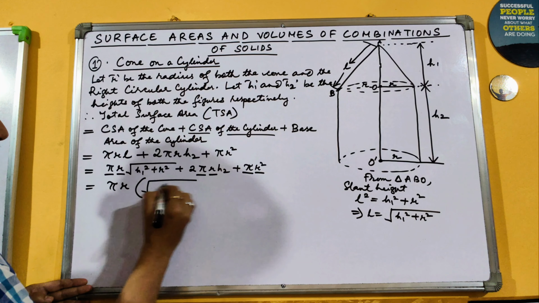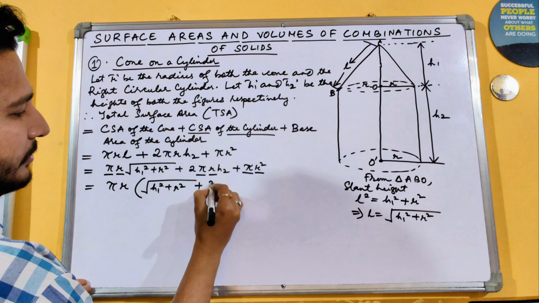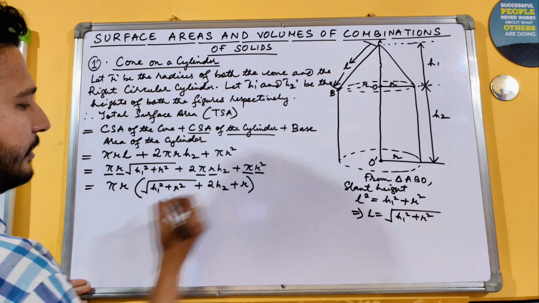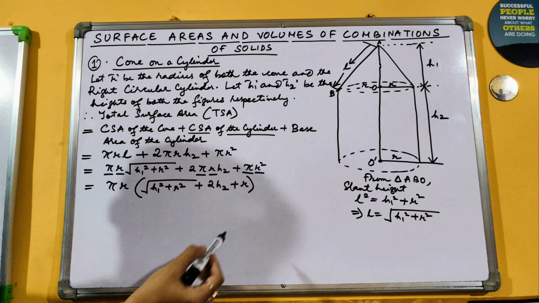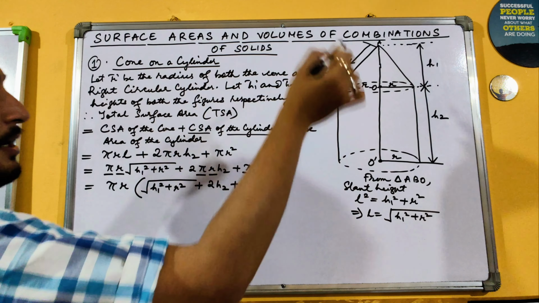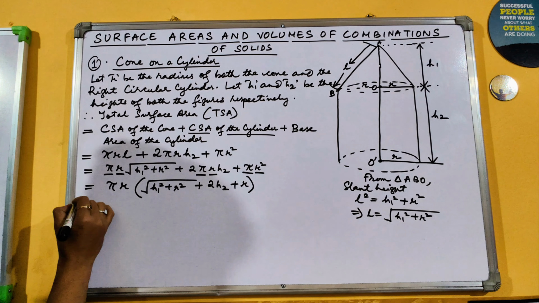So pi r times root over h1 square plus r square, plus twice h2, plus r. That's the derived formula for the total surface area of the combination when a cone is surmounted on a cylinder. Done with this.